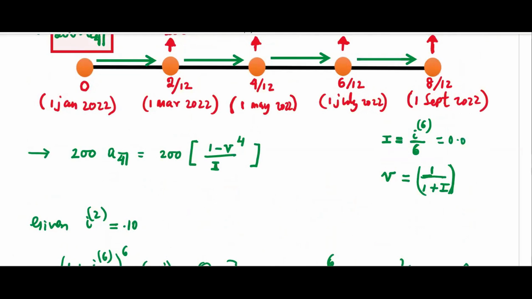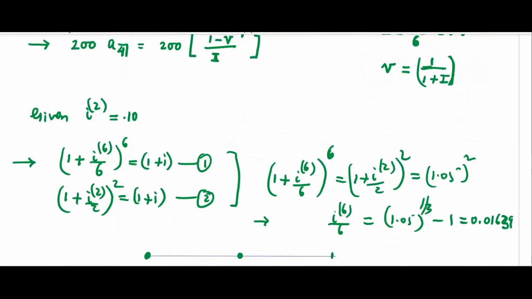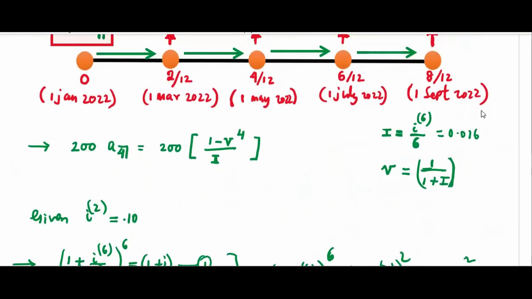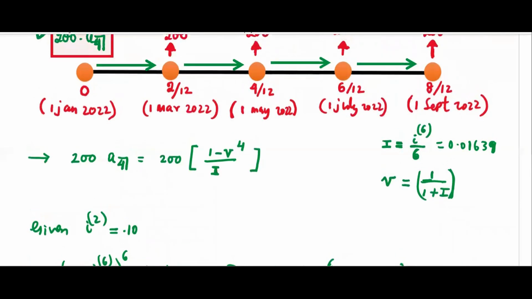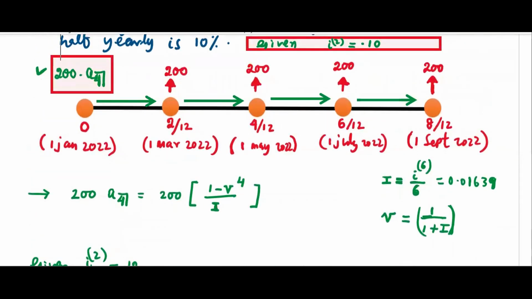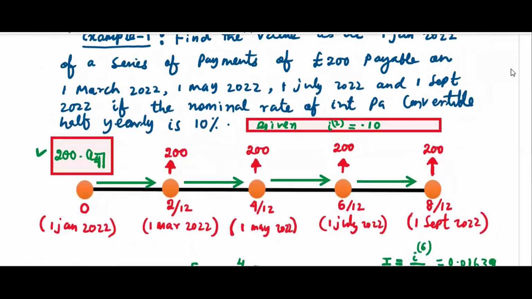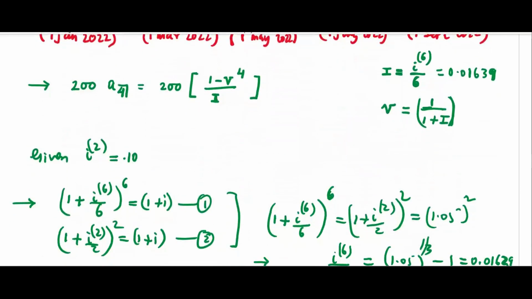Excuse me, please. Can I ask a question? Yeah, sure. So I understand that this is i6 by 6, because it's 2 monthly. The fact that we were given 10%, but that 10% was compounded half yearly. Yes. So which means if the 10% was compounded half yearly, we are going to equate 1 plus i6 by 6 to the power of 6 to be equal to 1 plus i2 by 2 to the power of 2. Correct. So that is what we have done here.